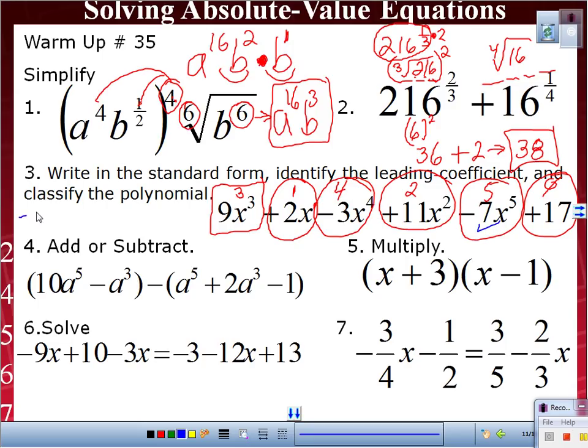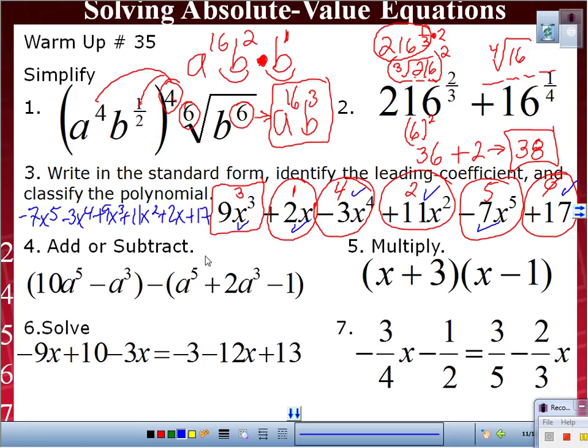This one is negative 7x to the 5th. Next one, negative 3x to the 4th. Next one, positive 9x cubed. Next one, positive 11x squared. Next one, positive 2x. And the last one, positive 17.